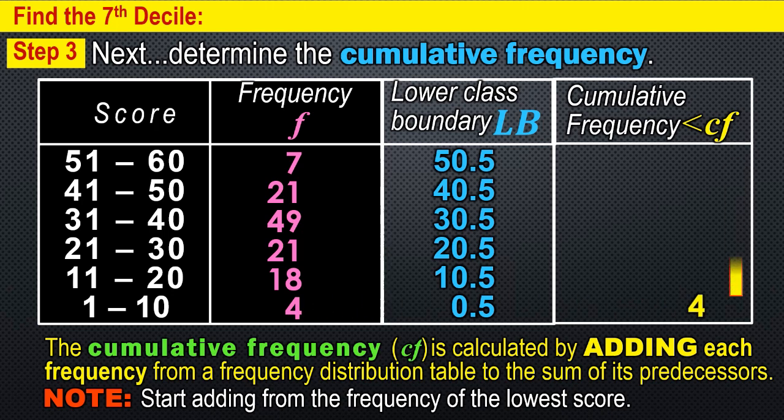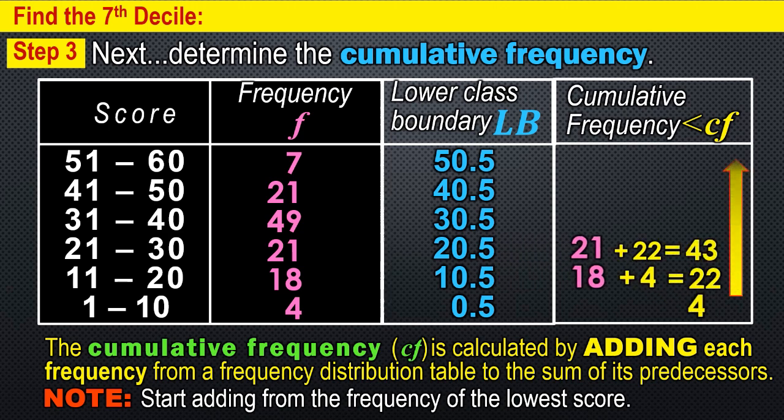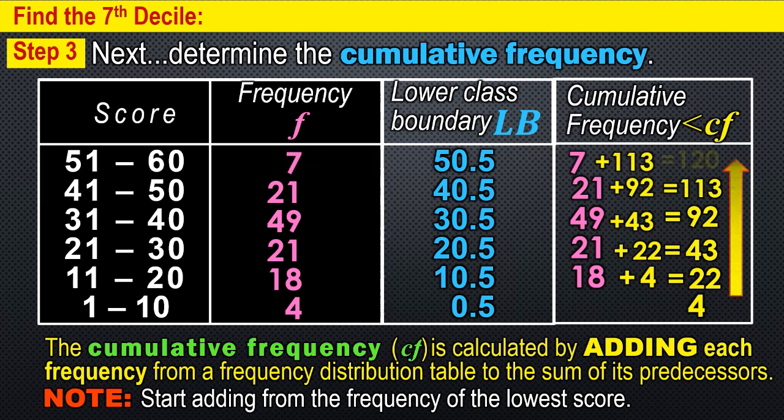So we start with 4, then add 21: 4 plus 21 equals 25... 21 plus 22 equals 43, 49 plus 43 equals 92, 21 plus 92 equals 113, and 7 plus 113 equals 120.